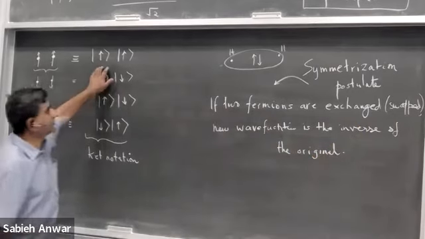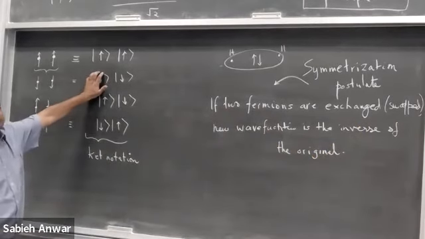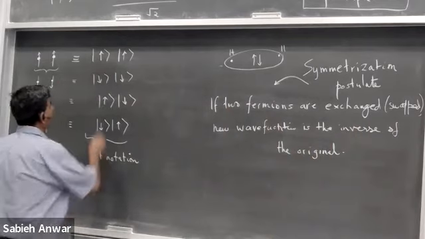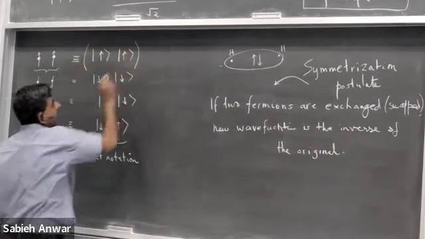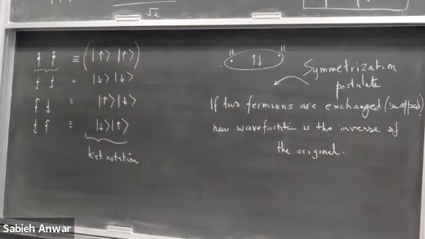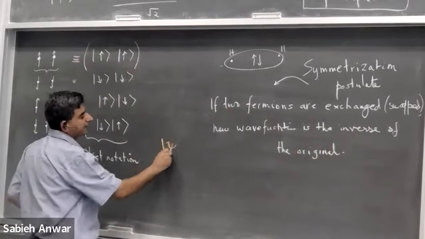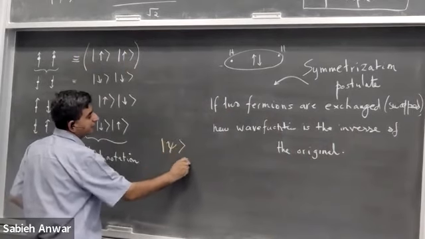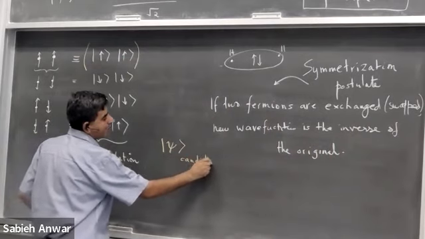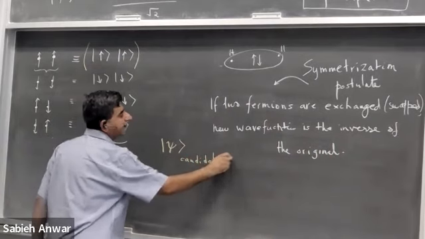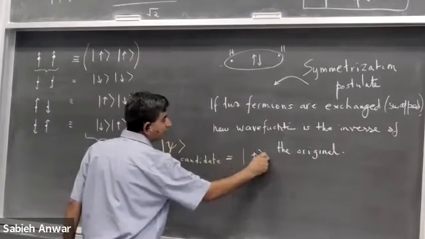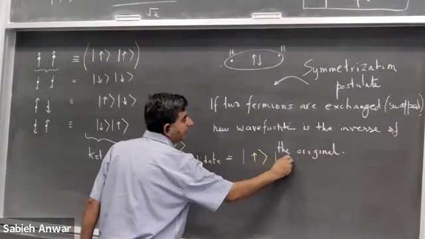Now, this is a wave function, right? All of this is a wave function. Now, let's rewrite this wave function. Let's call this a candidate wave function. The candidate wave function is both spins pointing in the upward direction.